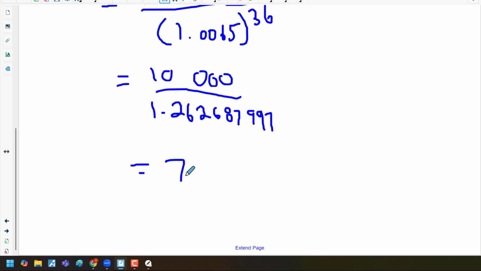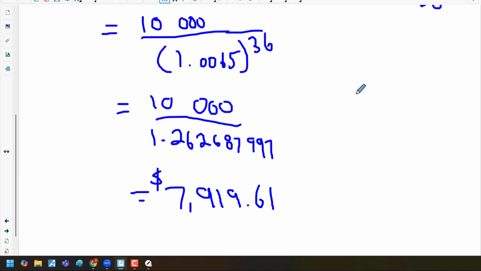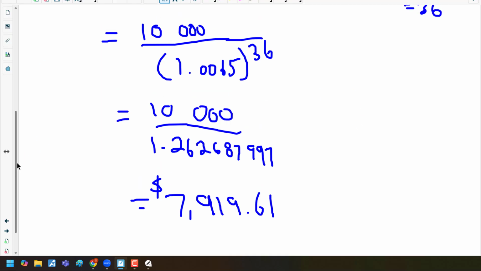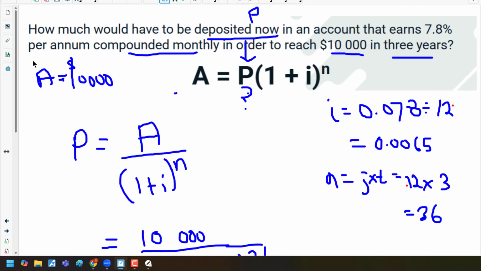The answer is $7,919.61. So what does this mean? That means right now I need to invest $7,919.61, and in 3 years, because of interest, that will turn into $10,000. That's what the question was asking.